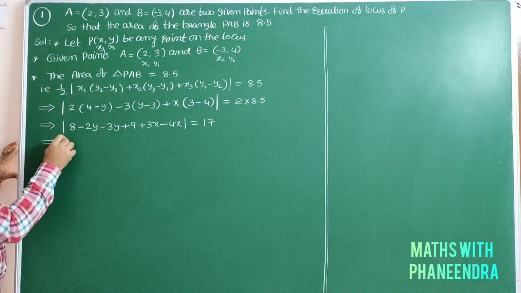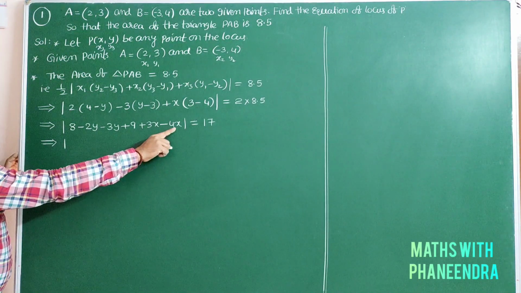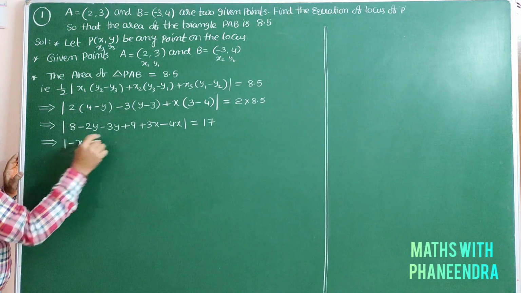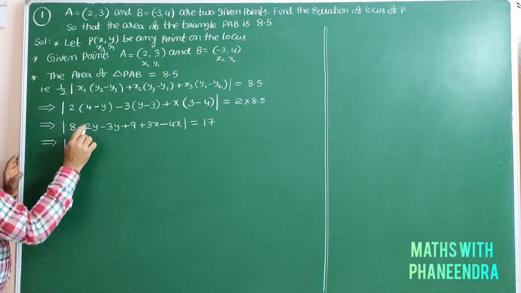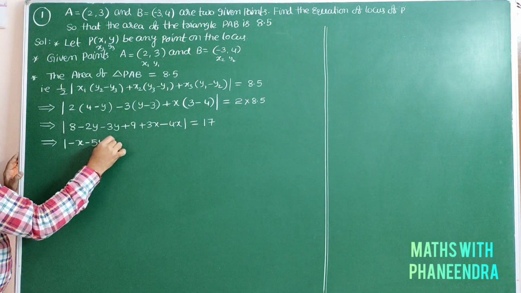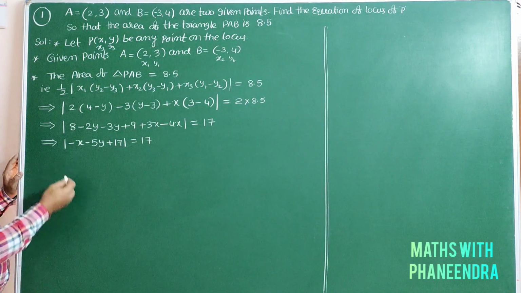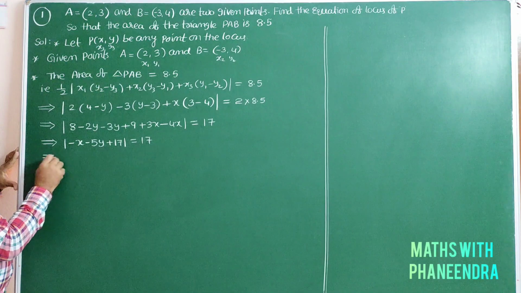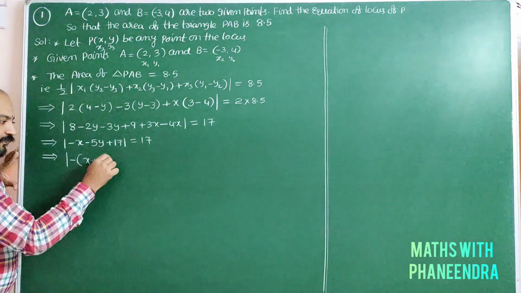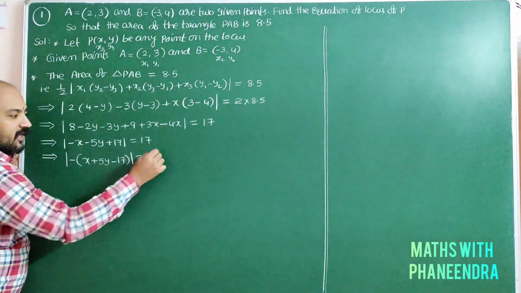That implies mod, first x terms: minus 4x plus 3x, minus x. Minus 3y minus 2y, minus 5y. 9 plus 8, 17, which is equal to 17. In this modulus, take common minus: minus of x plus 5y minus 17 is equal to 17.